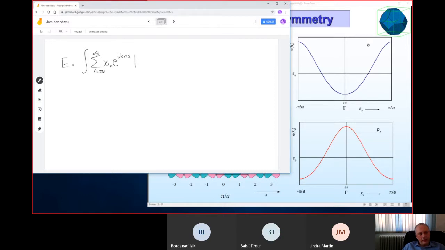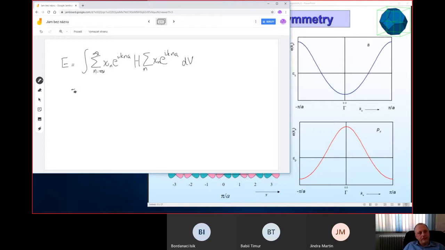And now we apply the Hamiltonian on the same function. So again, the sum over all n, chi n, and e to the power of i k n a. And we integrate over the whole volume.